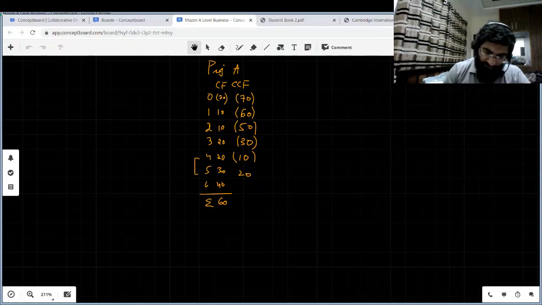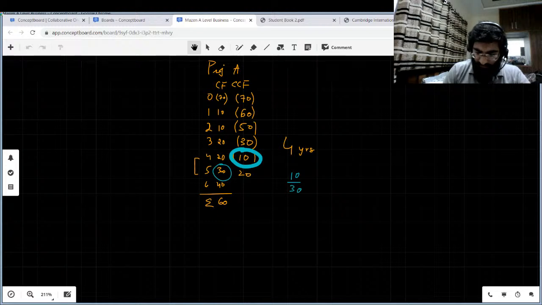So 4 years complete, and for the time it takes in the fifth year, I take the last negative cumulative flow and divide it over the next year's total inflow. So 10 over 30. If I want it in number of months, I will have to multiply by 12. So it becomes 12 by 3, which is 4 months. So the cash payback period would be 4 years, 4 months.